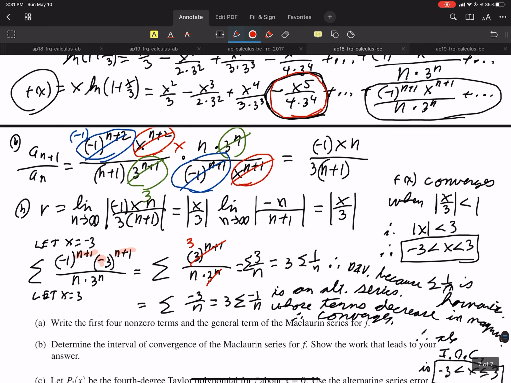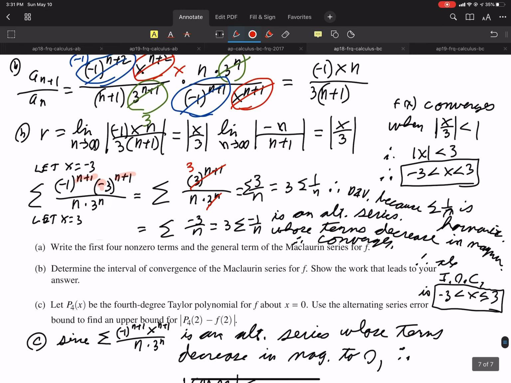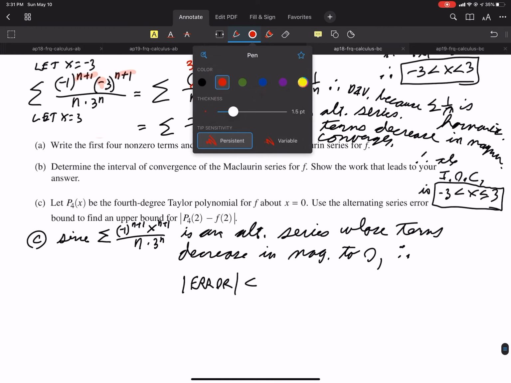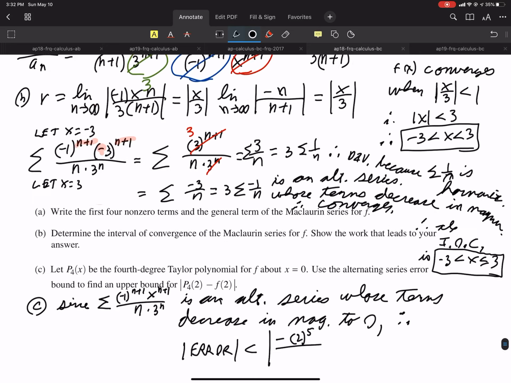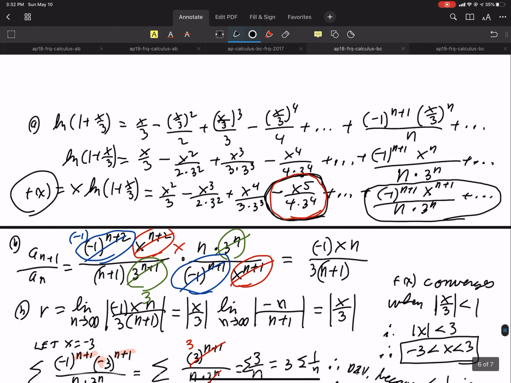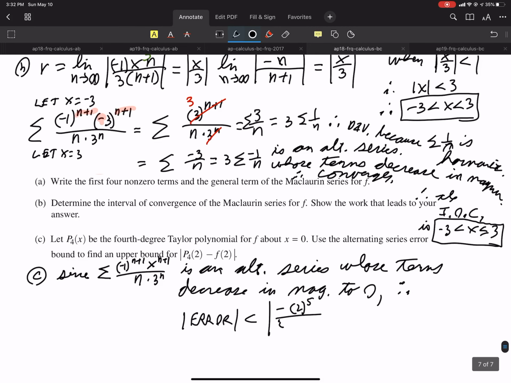So it's going to be absolute value of minus x to the 5th. Absolute value of minus, what's x? X is 2, 2 to the 5th, over 4 times 3 to the 4th. And we want, oh, they just want to find that. So this is just 2 to the 5th over 4 times 3 to the 4th.